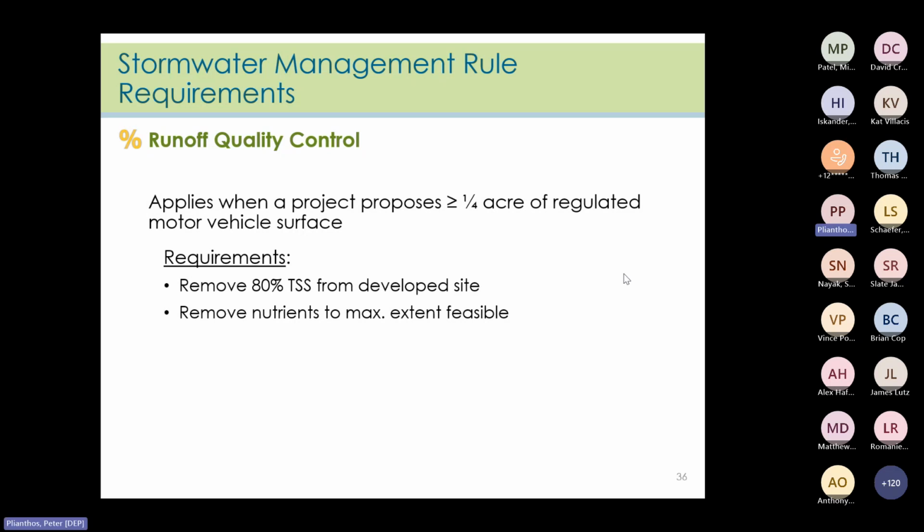The stormwater rule includes design and performance standards for water quality best management practices, or BMPs. And the rules focus on 2 pollutants, total suspended solids, or TSS, and nutrients. TSS includes sediment and other pollutants that can be removed from stormwater through filtration.